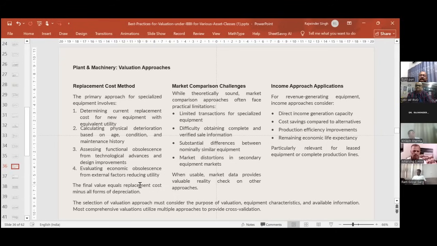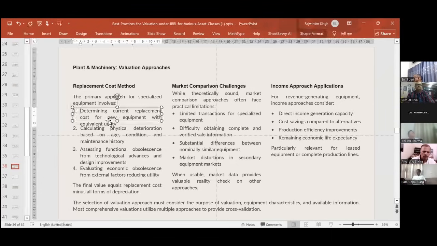So, in the replacement cost method, the primary approach used for specialized equipment, what we do, as in the case of land, is calculate the current replacement cost for new equipment with equivalent utility.